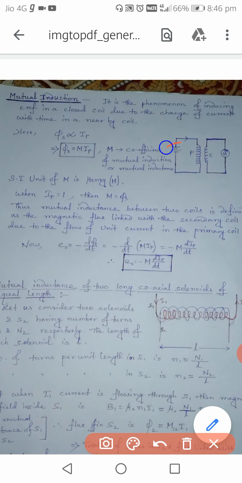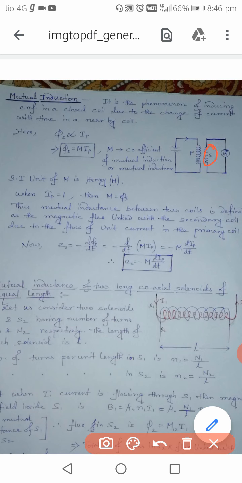When there was no current, there was no field or flux linked with the secondary. As the current develops in the primary, through the secondary we are getting some field lines. That means there is a change in magnetic flux through the secondary. Through the primary also there will be a change in magnetic flux, but that is the self-induction concept. In self-induction, current flows through one coil and the flux is linked with the same coil.